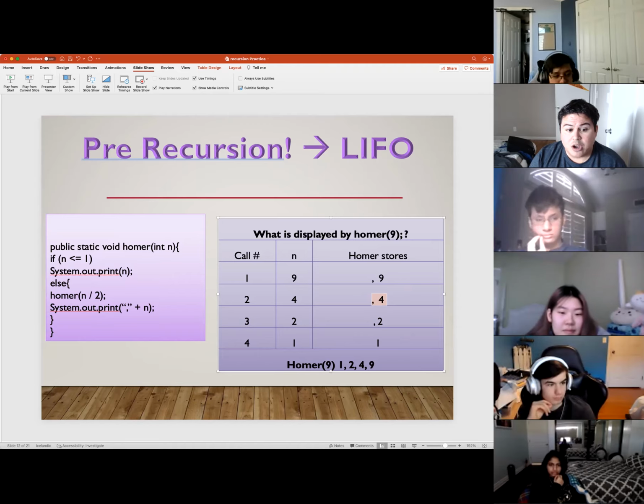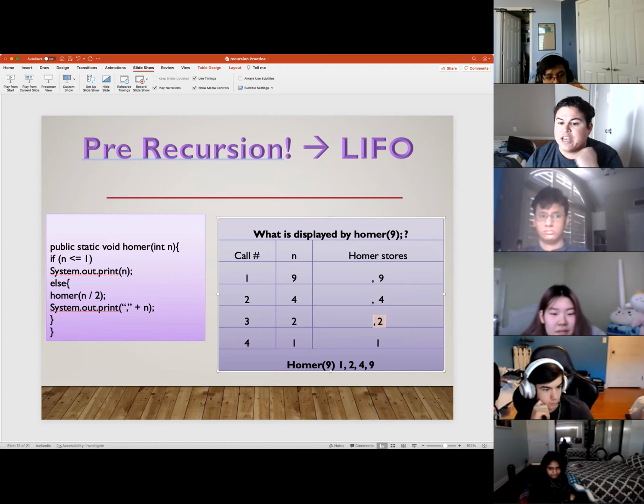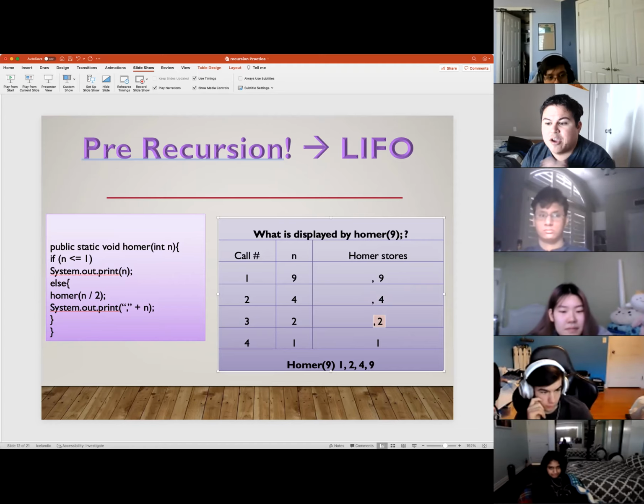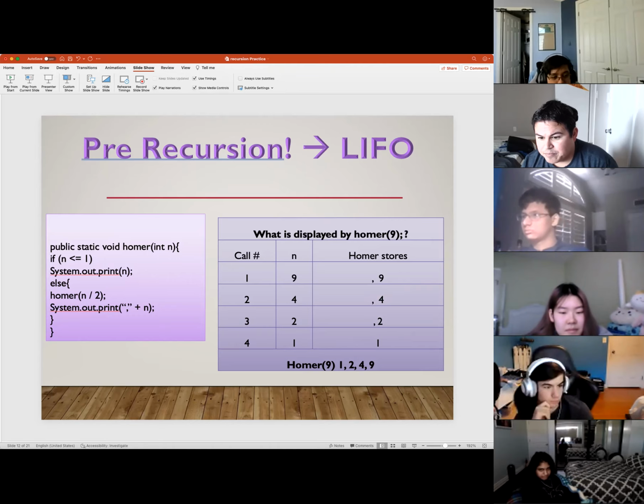Okay, then comma 2. Then we finally get to 1. What spits out? Last in, first out. So the last thing in is first out, we spit out n, but we also have to regurgitate everything else that we were holding on to. Okay, so 1, comma 2, comma 4, comma 9.